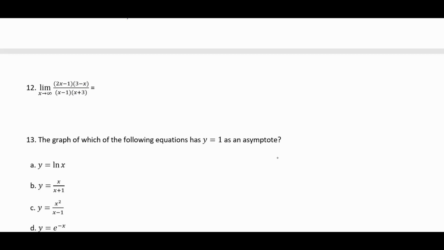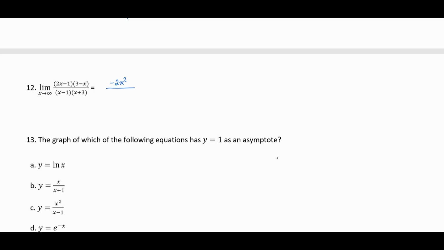Moving on here to question 12, we have another limit as x approaches infinity. But it's a bunch of stuff that has to get multiplied out. What's nice about these is to look for what's going to get you the highest powers. So if I were to distribute here, 2x times 3, I get 6x. But 2x times negative x, I get negative 2x squared. I don't care about anything else now because that's going to be the highest power in the numerator.